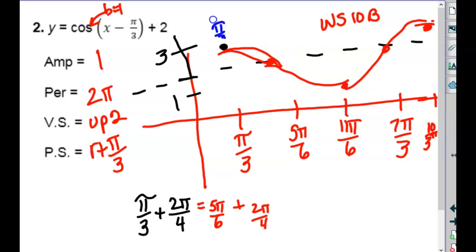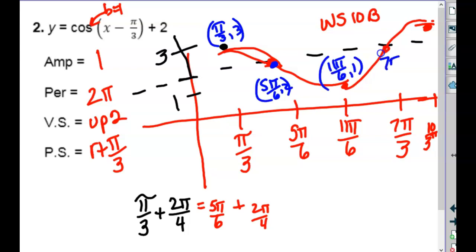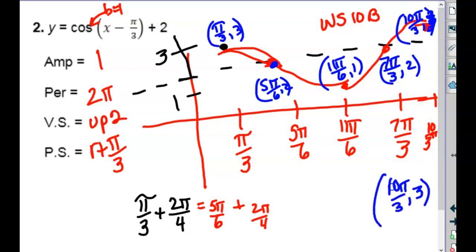So we have pi over 3, 3, 5 pi over 6, 2, 11 pi over 6, 1, 7 pi over 3, 2, and 10 pi over 3, 3. Okay, that last one is 10 pi over 3, 3. It's too scribbly and I can't fix it up there on that corner. It doesn't want to write there.